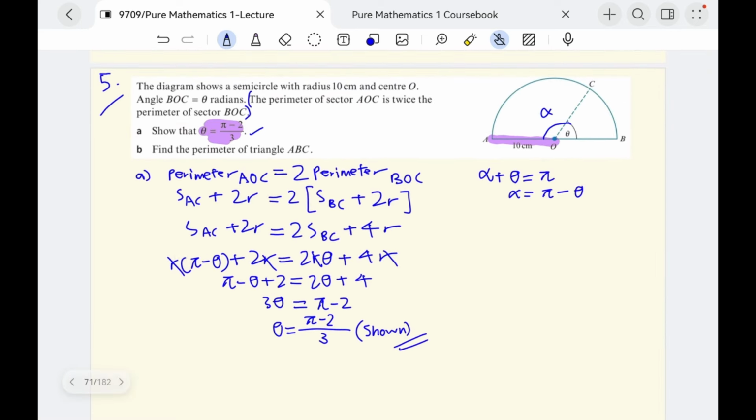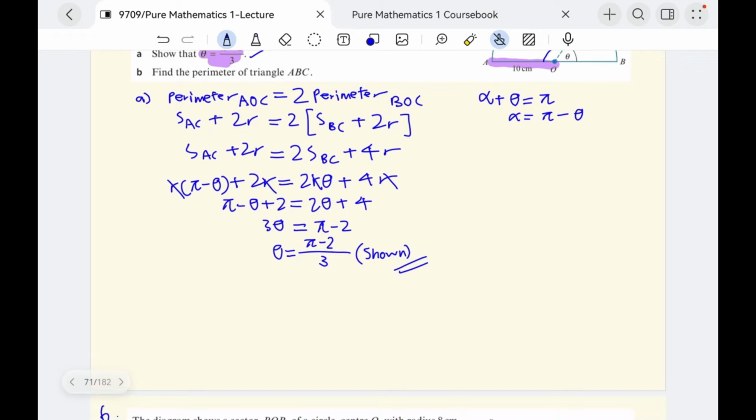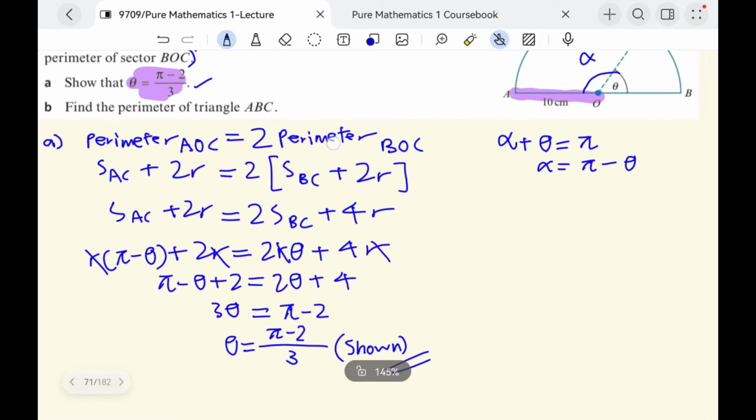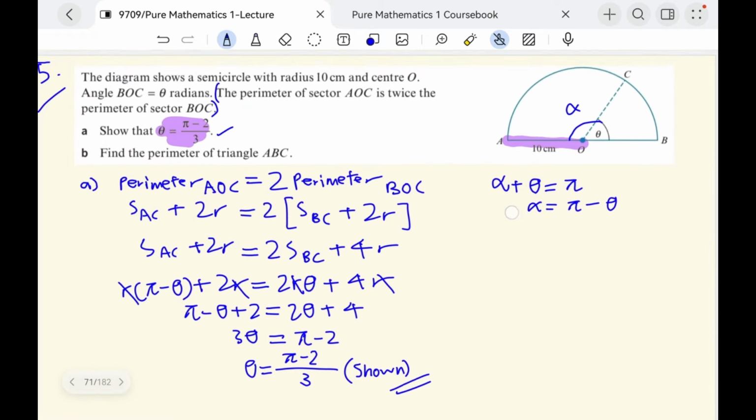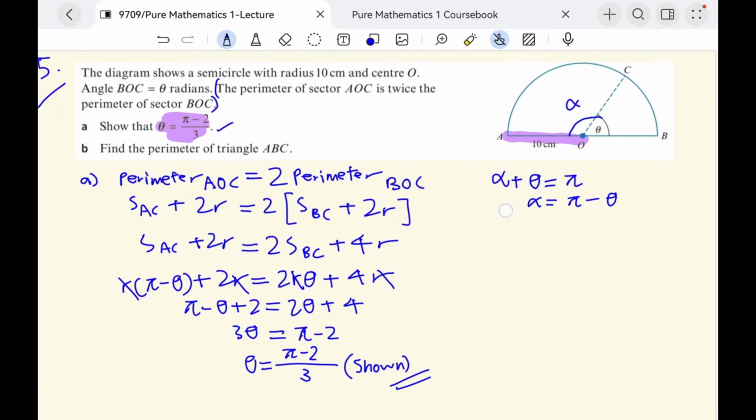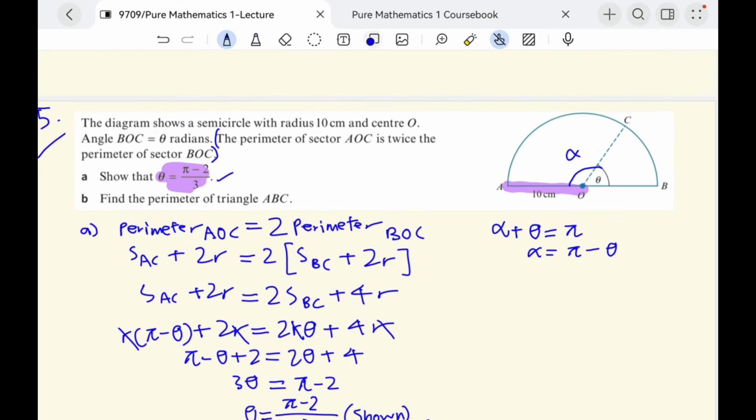Because for this question, it wants you to perform your workings to get the answer from the question stated. Alright? Okay, let's take a look at the B. Find the perimeter of the triangle ABC. Okay, first thing first, you need to find the chord of BC and chord of AC first.